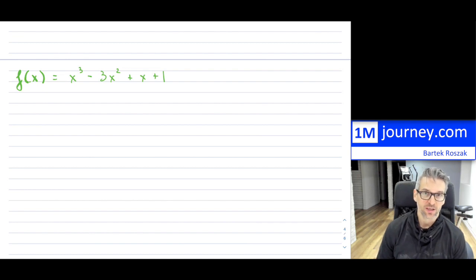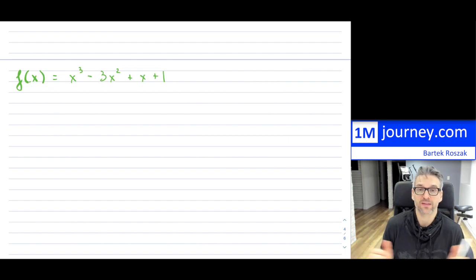Concave down is again related to your second derivative, and that is your second derivative is less than 0. And when your second derivative is equal to 0 at a point, then we have to check what's happening in the vicinity to see if it's an inflection point, which is a change of concave up to concave down or vice versa, or if it's a possible maximum or minimum at that point.